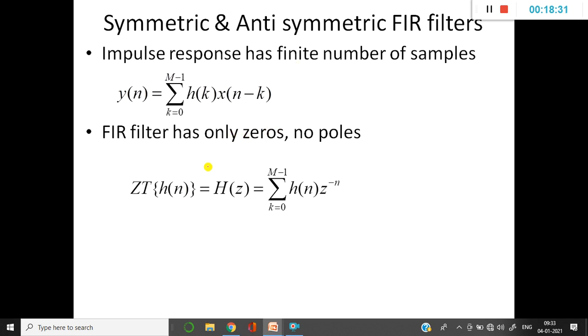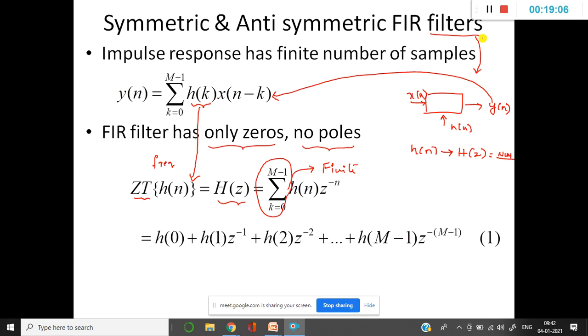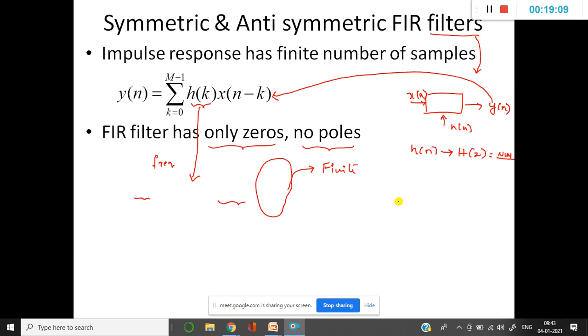Now this is the basic function. When I say H of z, since it consists of only a numerator, there is no denominator at all, so no need to worry about the denominator. Here h of n is the impulse response.